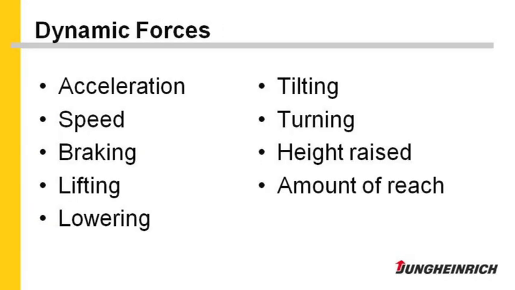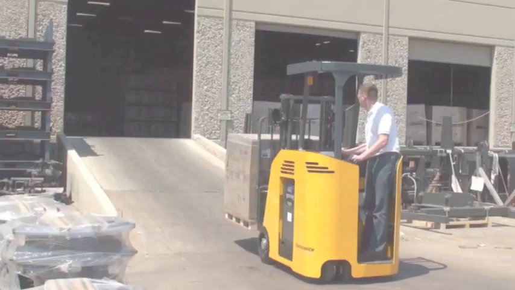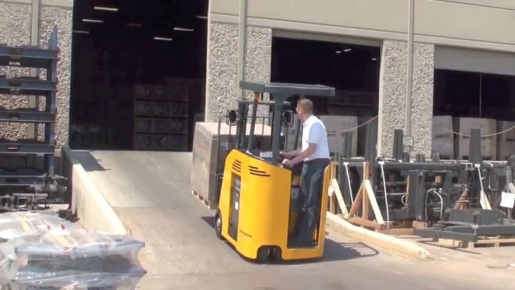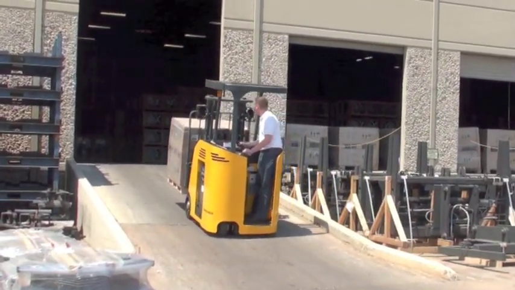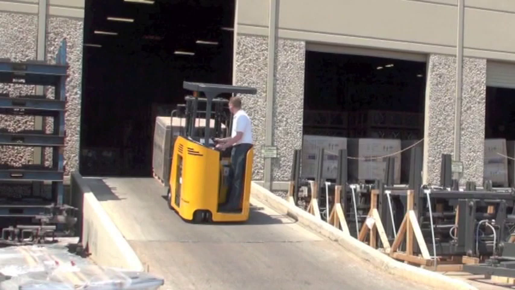The dynamic forces created by motion include acceleration, speed, braking, lifting, lowering, tilting, and turning. Other dynamic forces include the height to which a load is raised and the amount of reach forward and backward. In addition, operating a vehicle on an uneven surface like a ramp changes the combined center of gravity, affecting its stability.